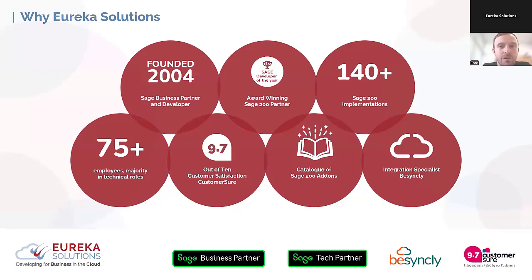So for example, I'm doing this webinar today in account management and sales at Eureka, but I've also worked on our Sage support team, done some implementation work. So a lot of our staff are trained across different areas of the business to make sure that we can meet those two founding principles, which are technical expertise and customer service. They really are at the heart of what we do.